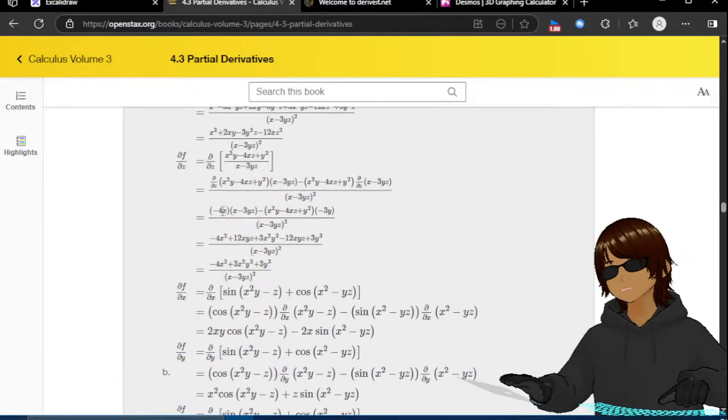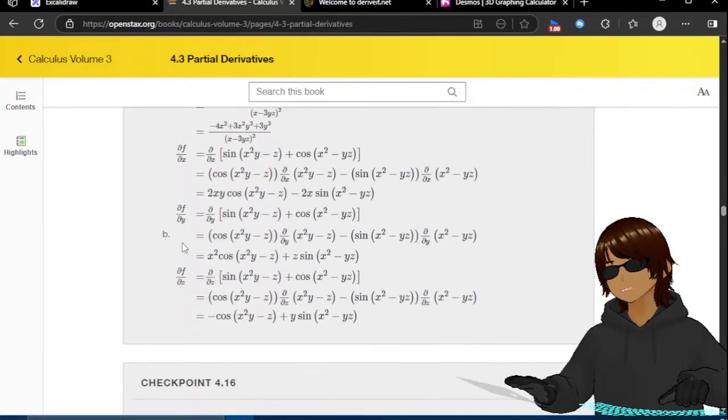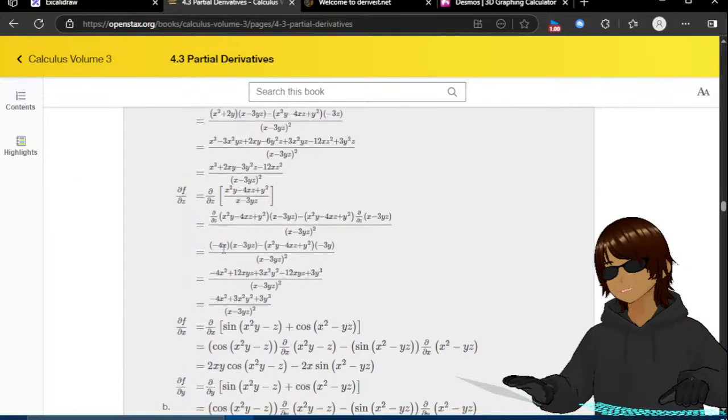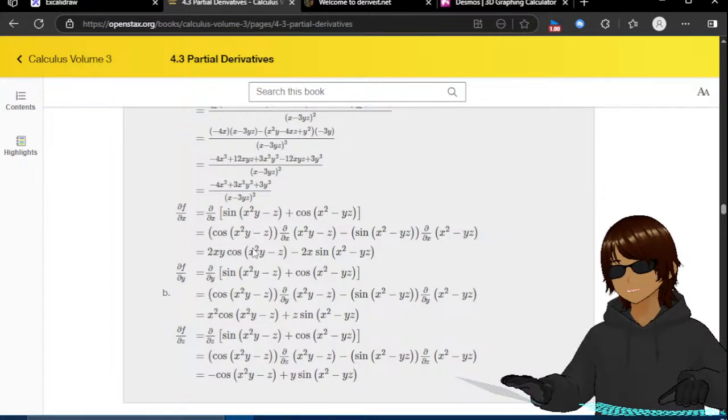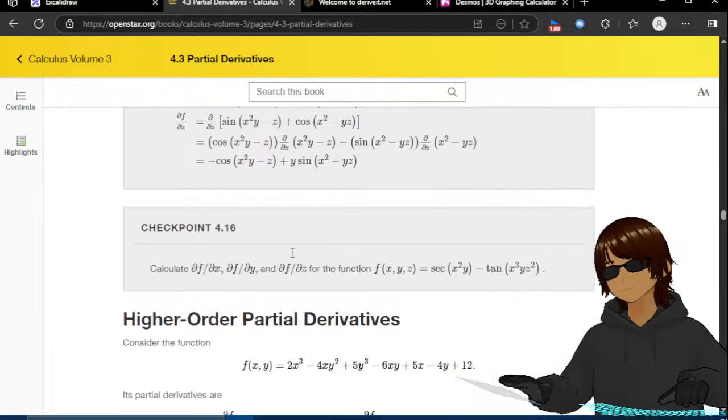Hold on, B should be over here. So sorry, this should be 2xy cos of x squared y minus z.